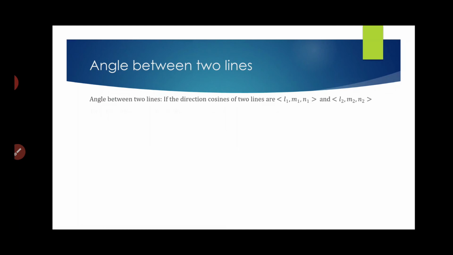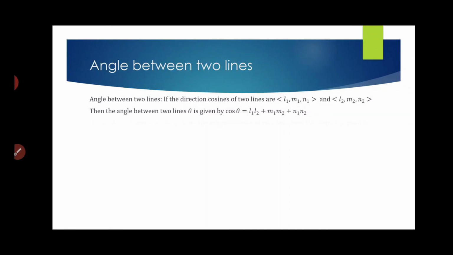Or if I know the direction ratios, from there also I can find the direction cosines. So that is not a problem. And the angle between the two lines will be given by cos theta equals l1 l2 plus m1 m2 plus n1 n2, which is basically the dot product of the two direction cosines.